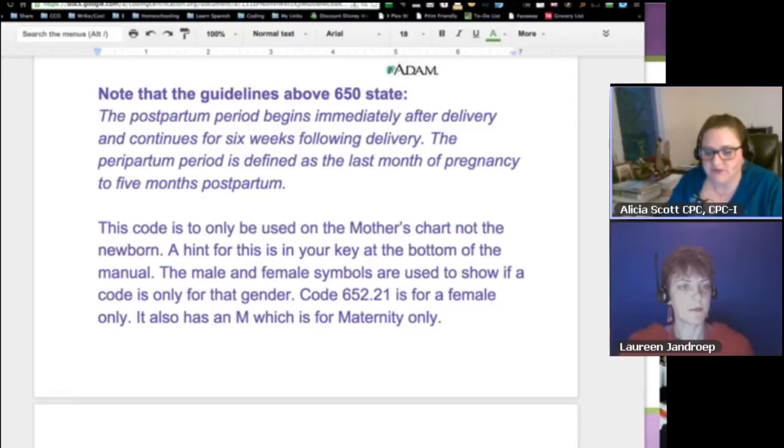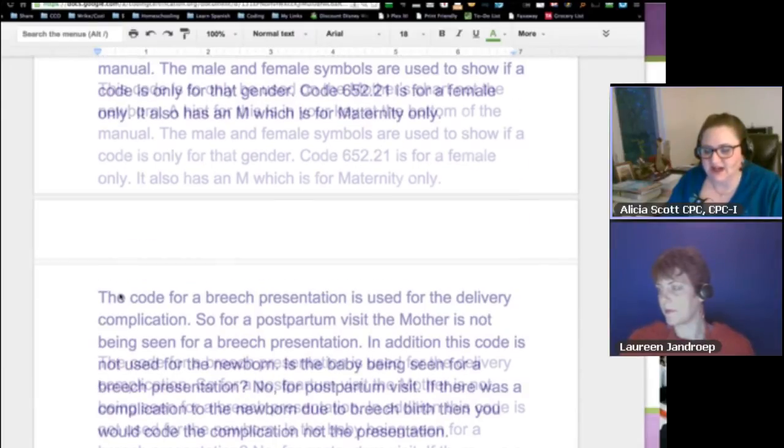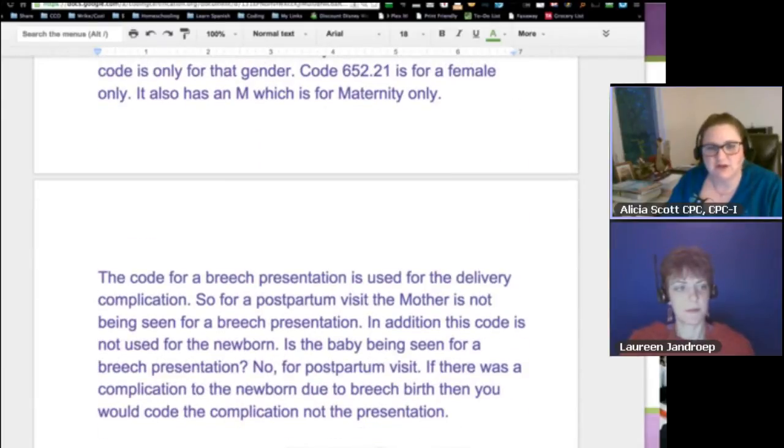Okay, so the answer to this question: code 652.21 can only be used on the mother's chart, not the newborn. That's why it won't go through. A hint for this is the symbol at the bottom of your manual. Most manuals should have it.